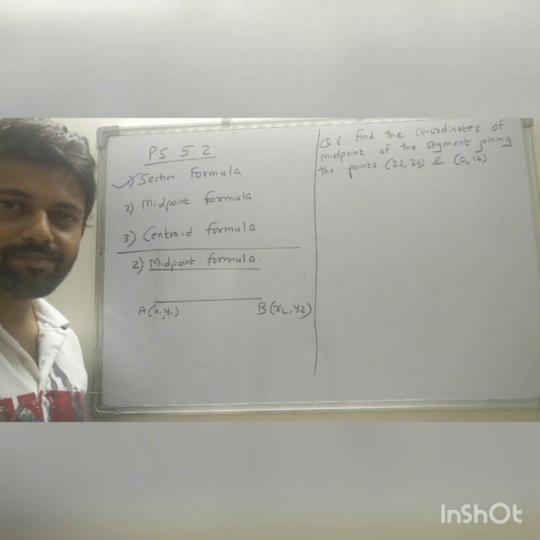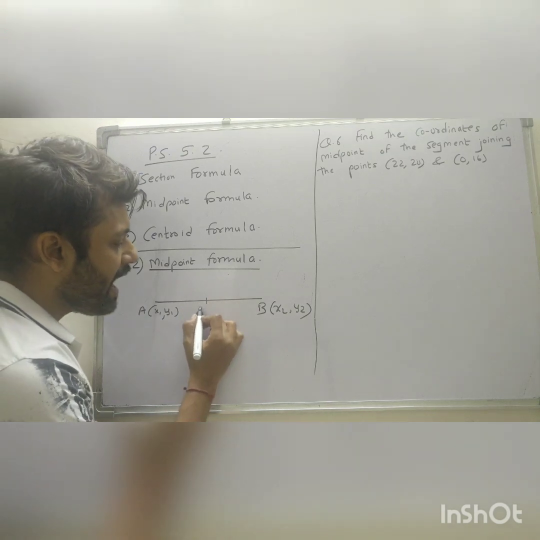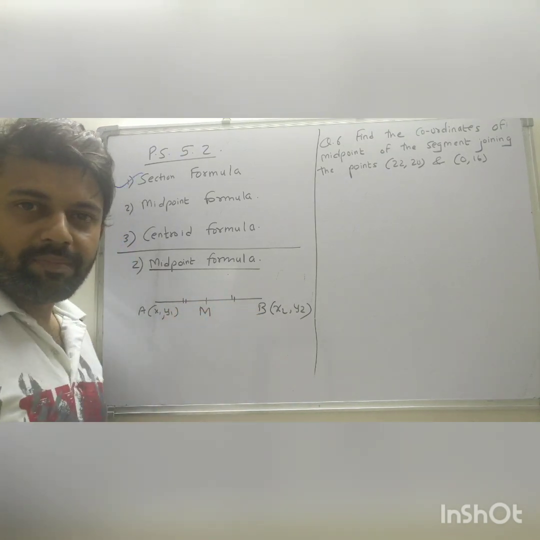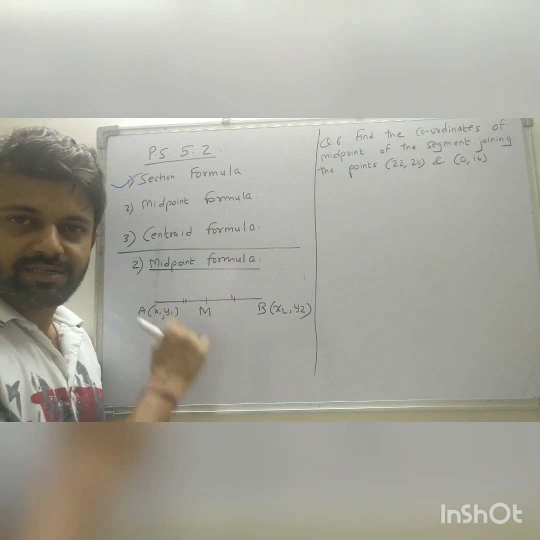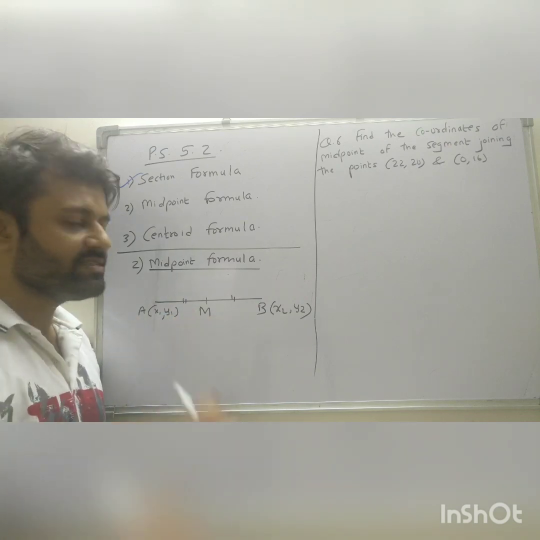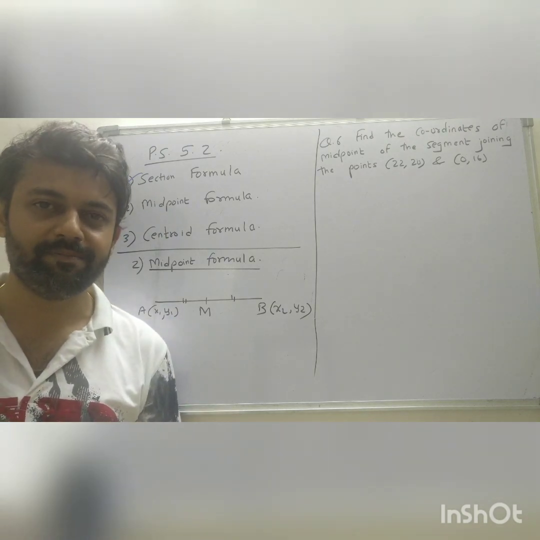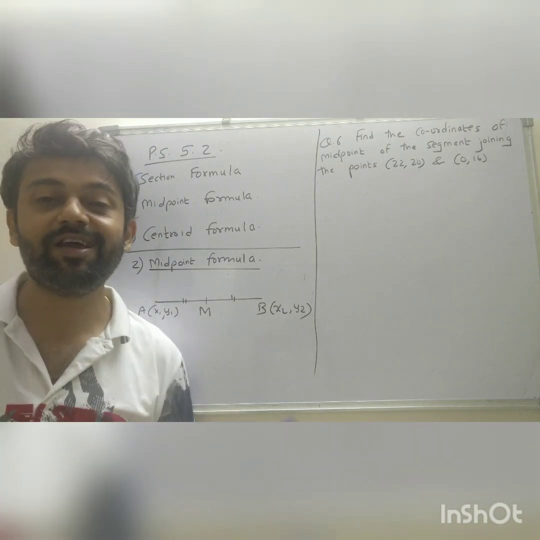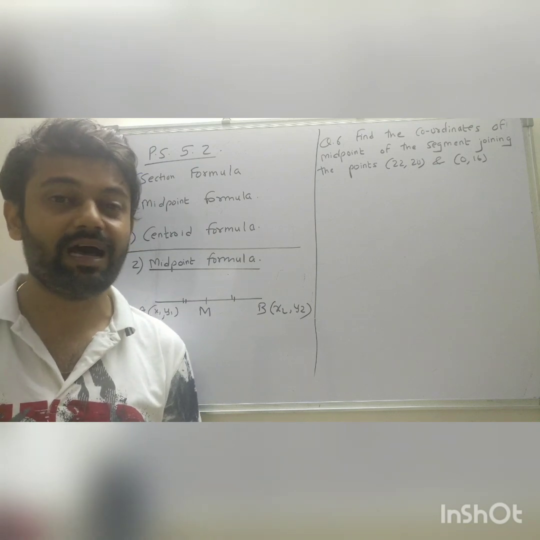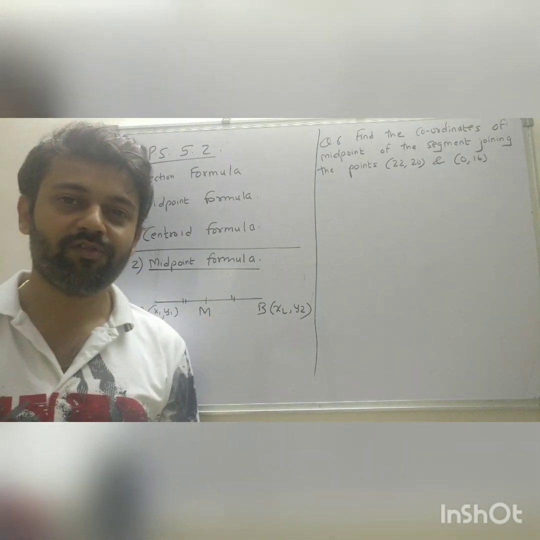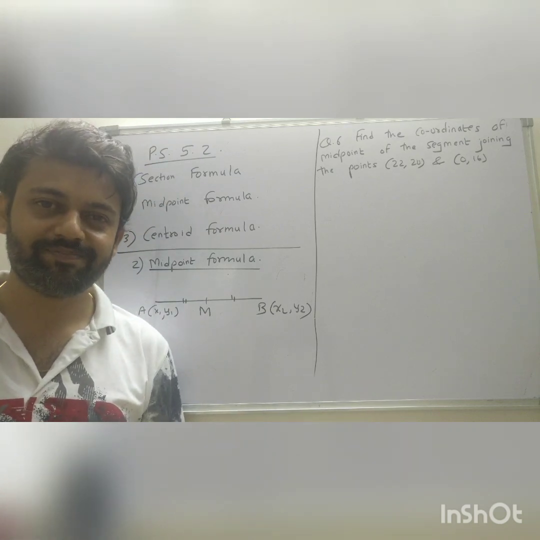Suppose M is the midpoint. I am giving identical marks to show you that this is the midpoint. If M is the midpoint of segment AB, then we can find the coordinates of the midpoint of segment AB.